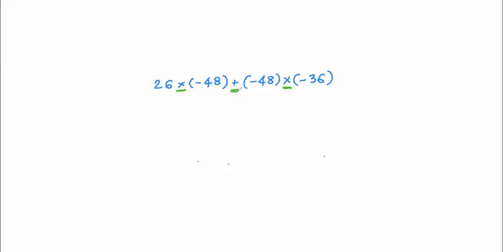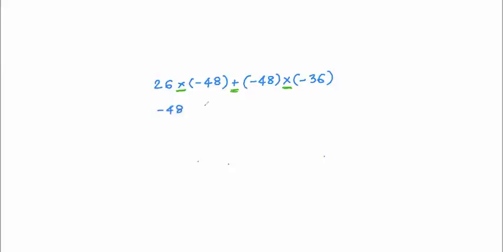Now what you need to find is, do you see a common number in both these multiplications? The first multiplication is 26 into minus 48. And the second multiplication is minus 48 into minus 36. Now we see that minus 48 is common between them. And hence, using the distributive property, we will take the common out.